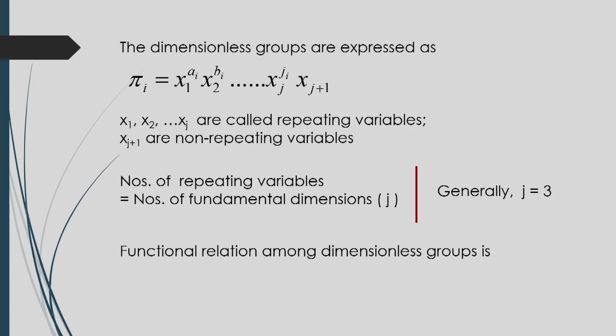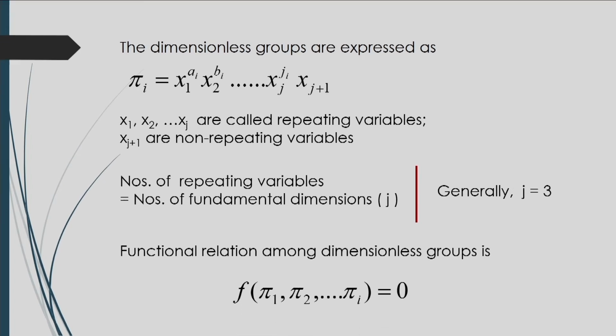And the functional relation among dimensionless groups is here, if you get the dimensionless groups as phi i, then it will be represented as function of phi 1, phi 2 and dot dot dot phi i, that will be equals to 0. Here this functionality is in terms of phi, that is dimensionless groups.